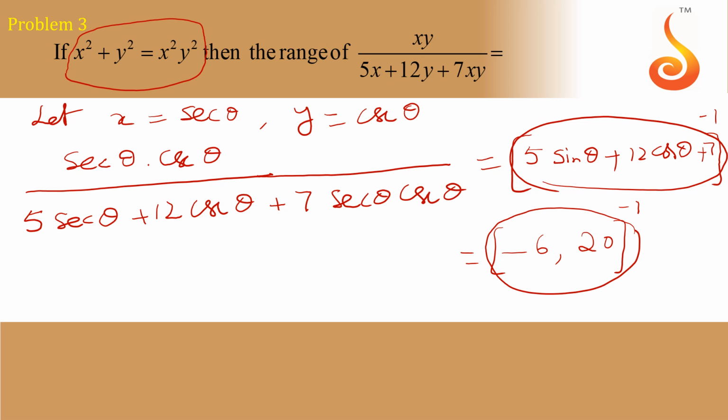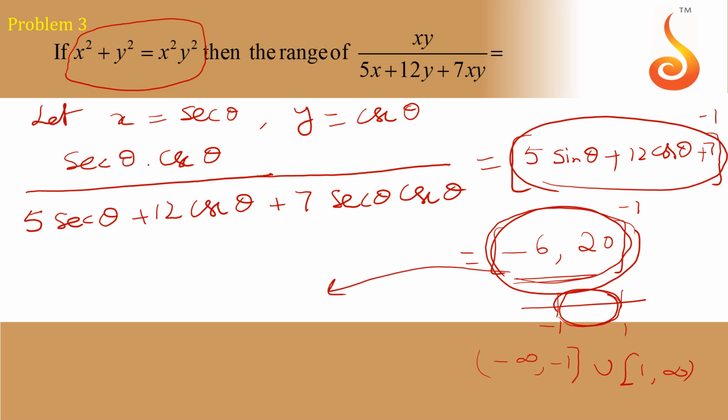But whenever in this region, if you have -1 to 1 region, their reciprocals, -6 to 20 reciprocals, because -1 to 1 region reciprocals will go to -infinity to -1 union 1 to infinity. Whenever this region is there, we should be very careful in writing the range.